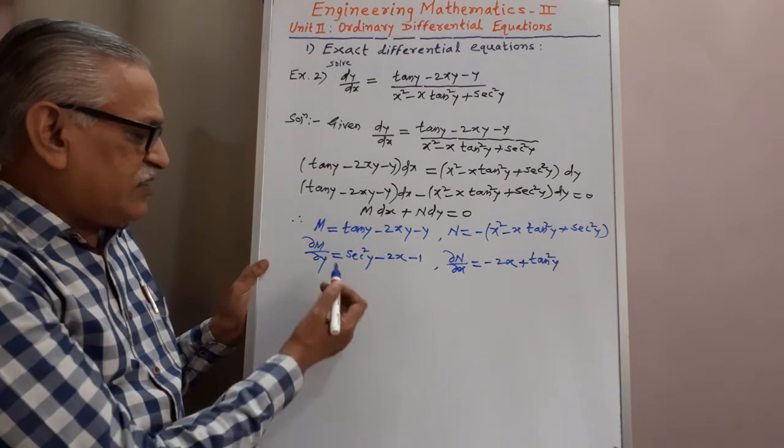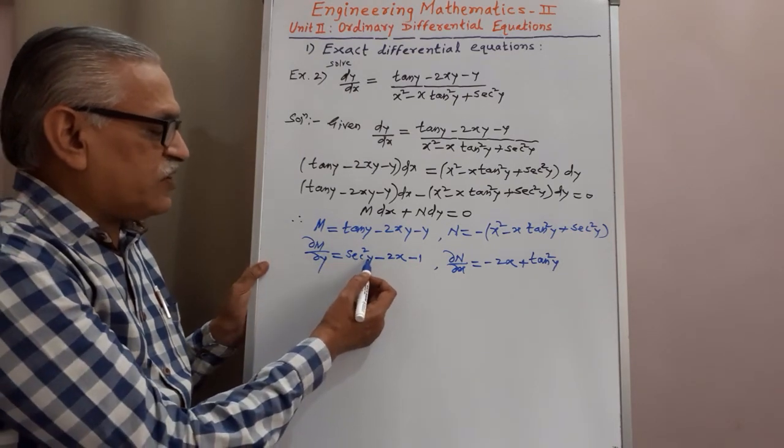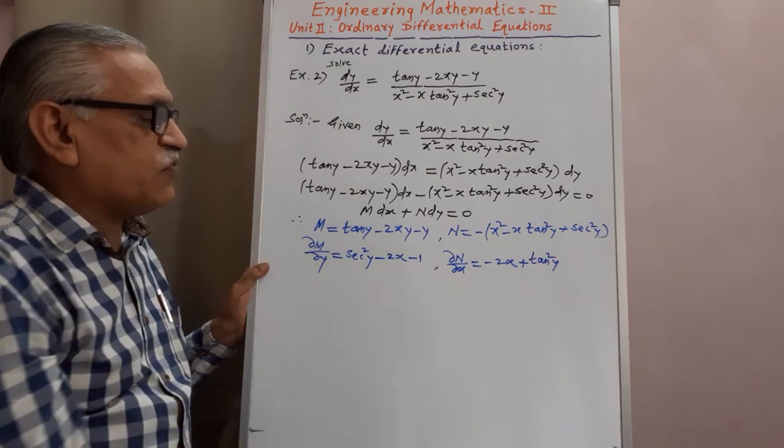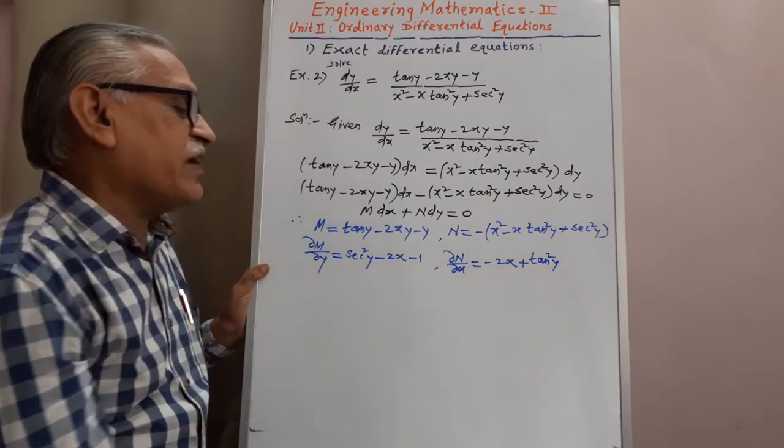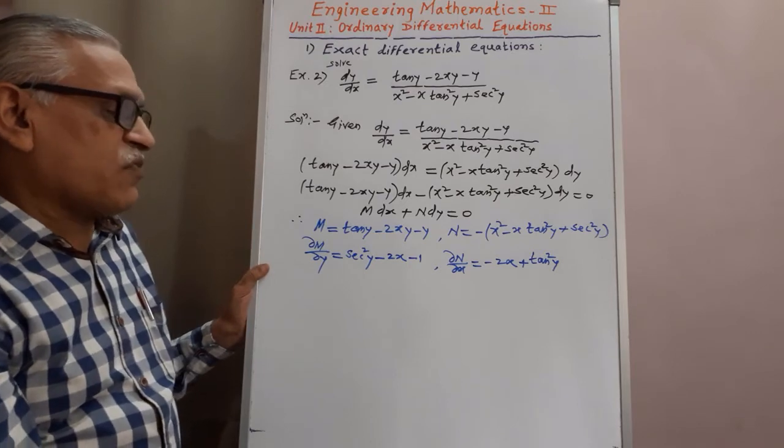Therefore, dou M by dou y is secant square y minus 2x minus 1, and dou N by dou x is minus 2x plus tan square y.